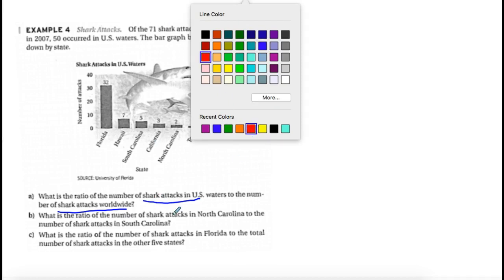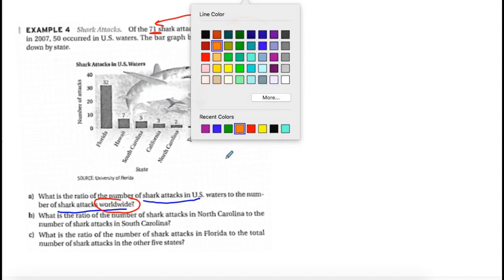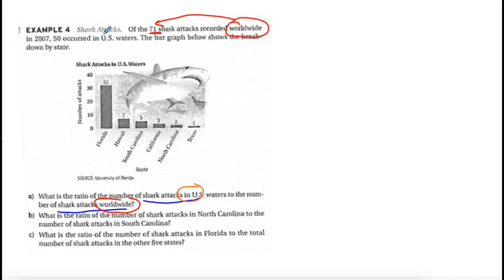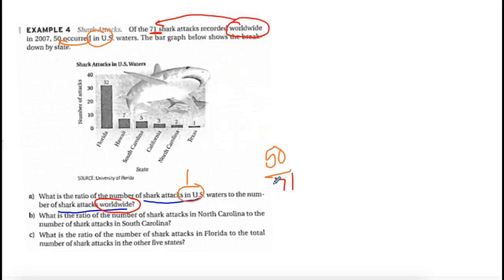I noticed if I'm looking for the word worldwide, I see the word worldwide right here, and that's 71 worldwide. And then if I want to find in the US, it is right here, and that's referring to 50. So since this is first, that number goes on top, 50 over, and then the number that happens second goes on the bottom, which would be 71.